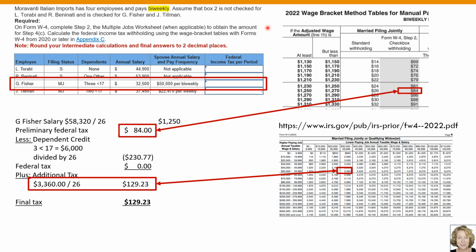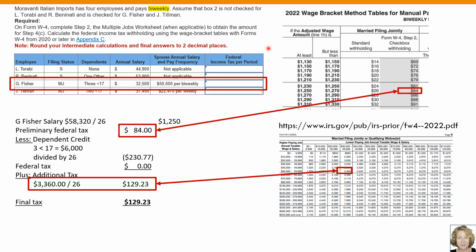Required on Form W-4, complete step 2, the multiple jobs worksheet, when applicable, to obtain the amount for step 4C. Calculate the federal income tax withholding using the wage bracket tables with Forms W-4 from 2020 or later in Appendix C. Note, round your intermediate calculations and final answers to 2 decimals.